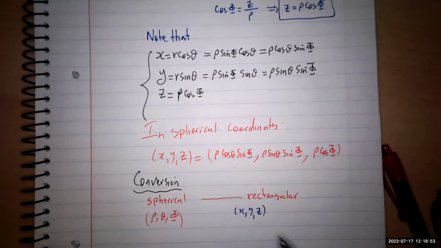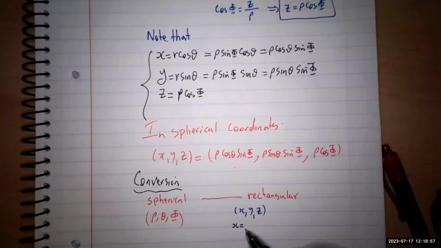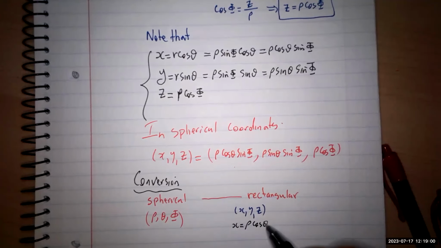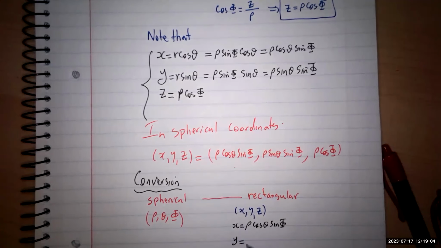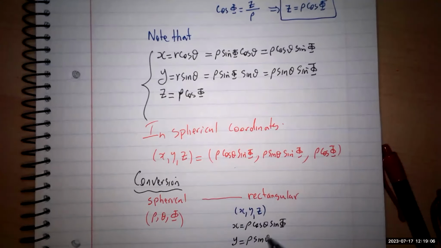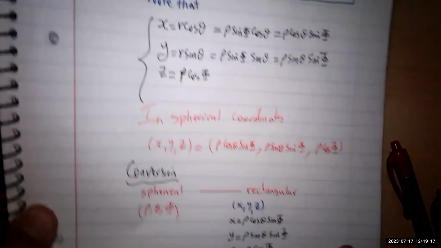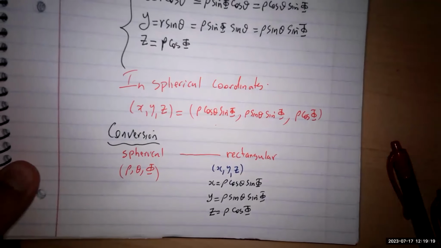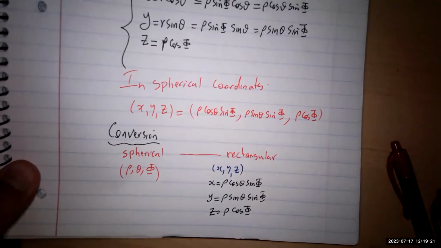Okay, so I just repeat it again. In this case, you have to find it, and we just repeat that system. It's going to be rho cosine of the theta, sine of the phi. Okay, this is going to be rho sine of the theta, sine of the phi. And if you want to find the z, it's going to be rho cosine of the phi. So this is how you go from the spherical one to the rectangular.